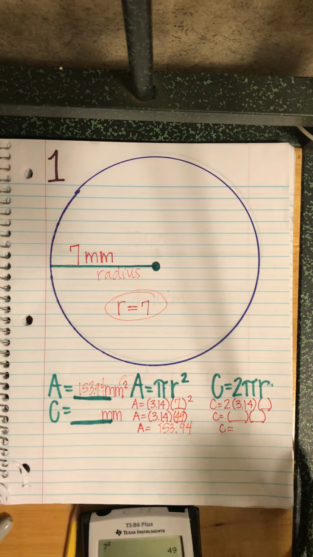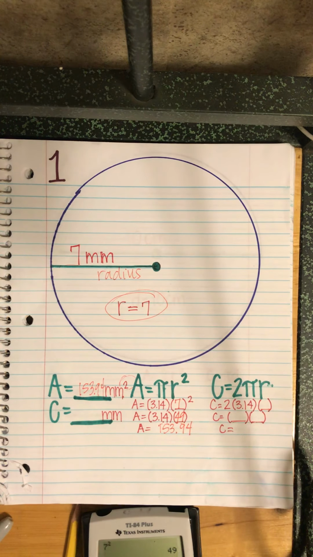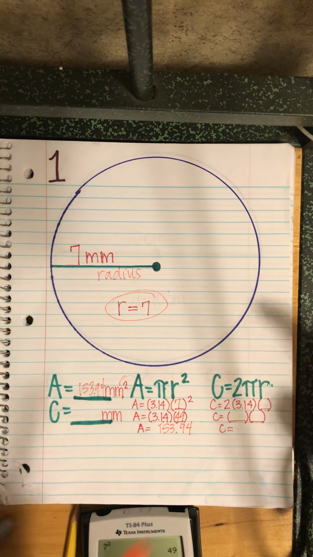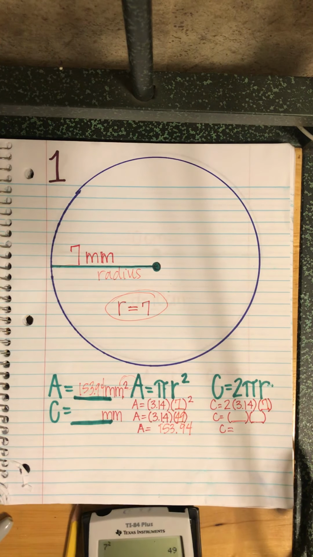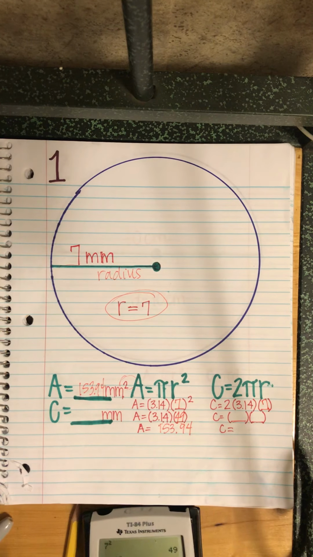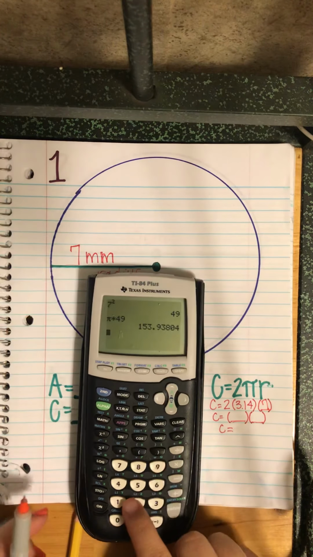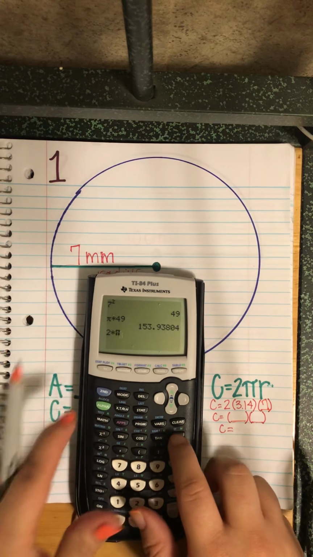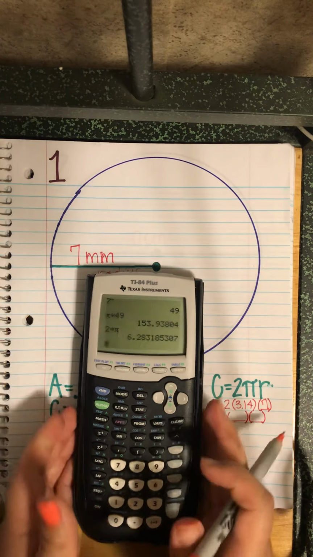Now to find the circumference here, you're going to use this formula, C equals 2 pi r. We have 2 pi, and we need the radius here. We'll input that 7. Now, we're going to multiply 2 times pi, so we can get this solution right here. 2 times, second, house top, and we get 6.283.